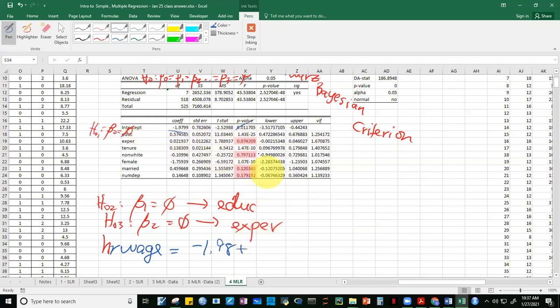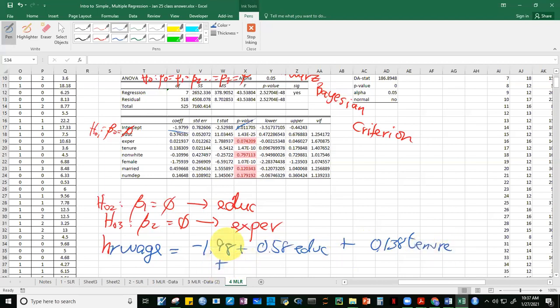And then we have 0.58 times education. Education is still significant. Plus, sino pa? Tenure. 0.138 times tenure.